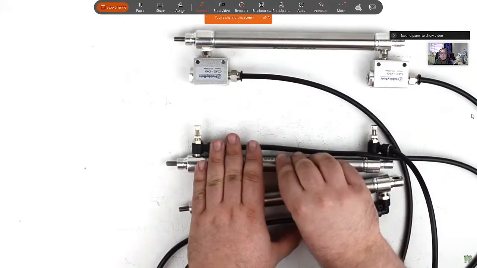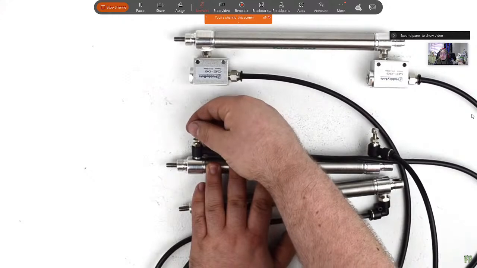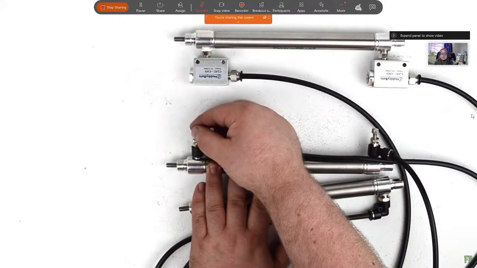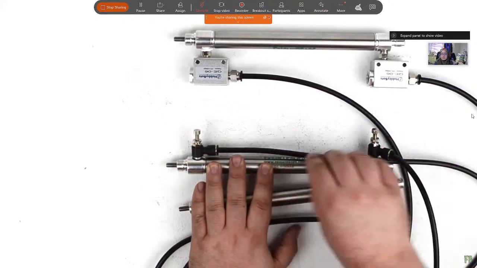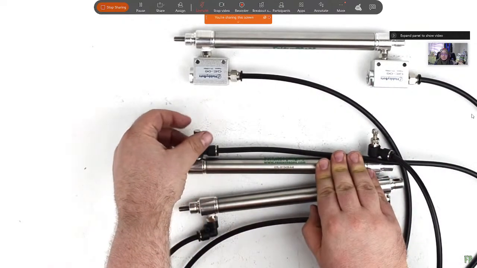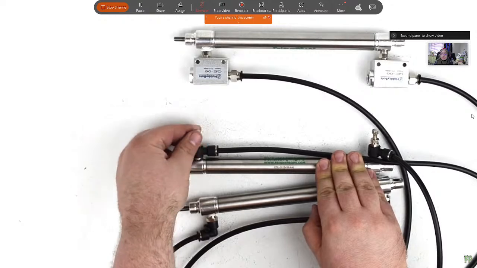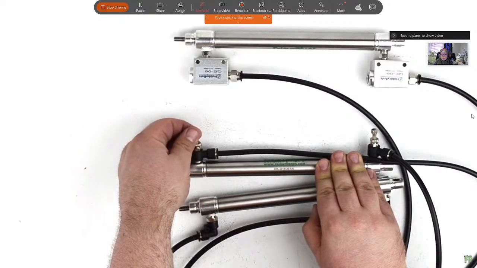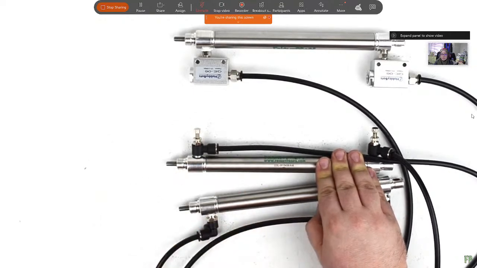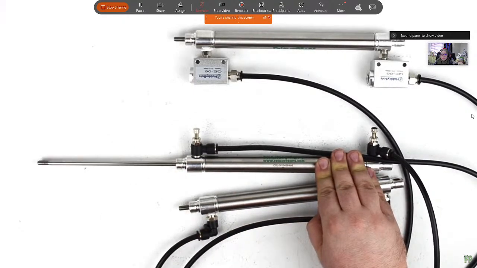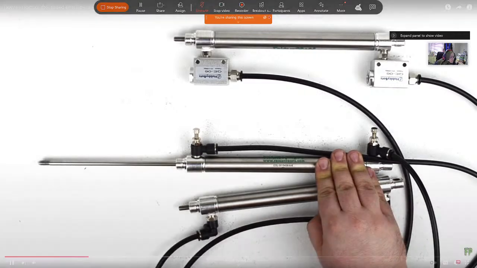As you can see, these fittings have a needle valve, a dial that you can turn in order to meter the flow of air going into the cylinder. So as you turn the needle valve and tighten up the passage of air through the fitting, the cylinder will extend and retract more slowly.